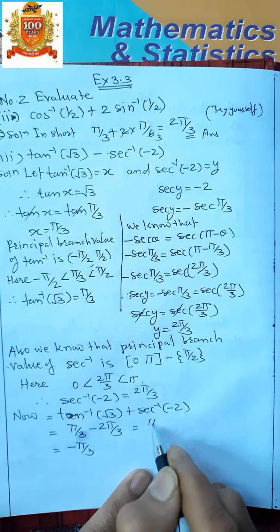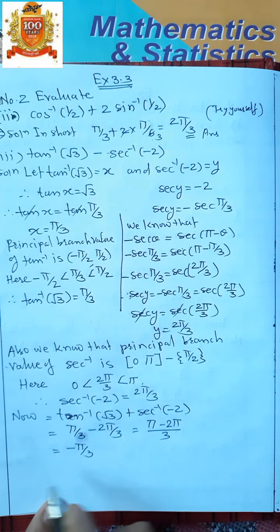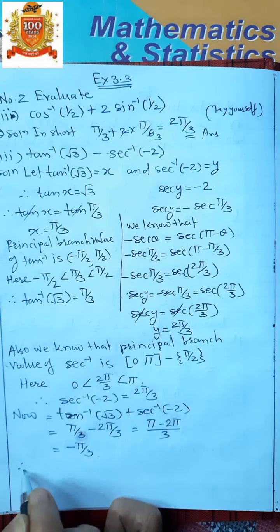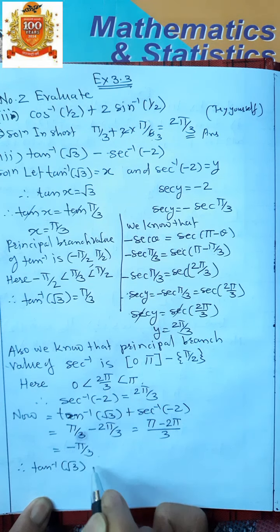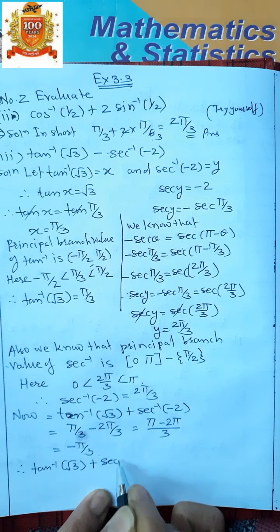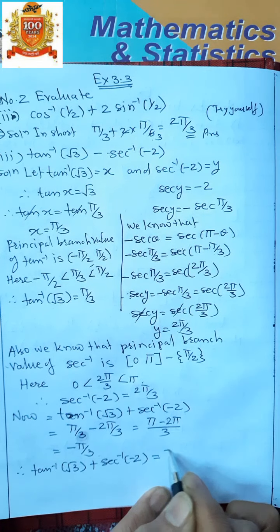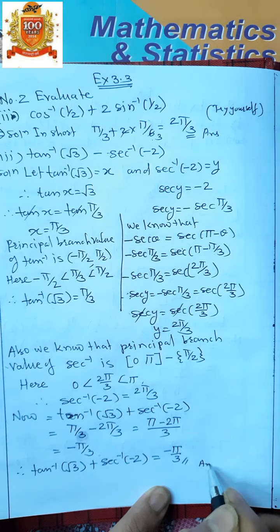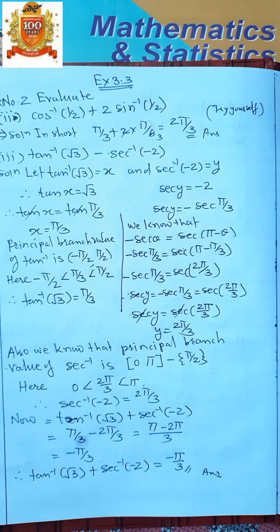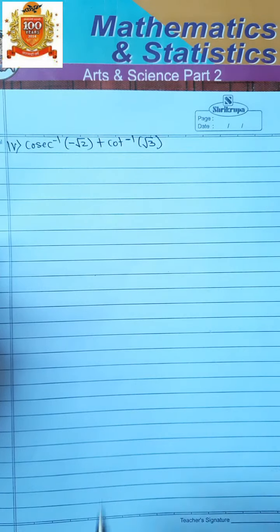Therefore, tan inverse of root 3 minus sec inverse of minus 2 is equal to minus pi by 3. Answer. In this way we can solve this question. Isn't it? Very simple question. Let us see the fourth question.